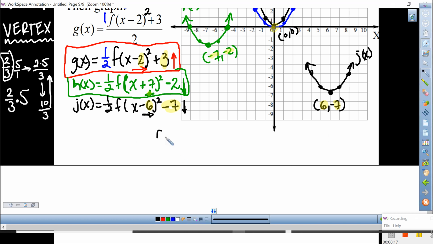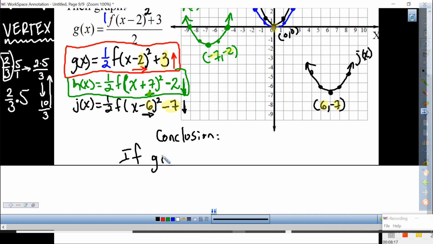Let's do conclusion. Write down at the bottom if you have space, conclusion. If given g of x equals f of x minus h plus k.